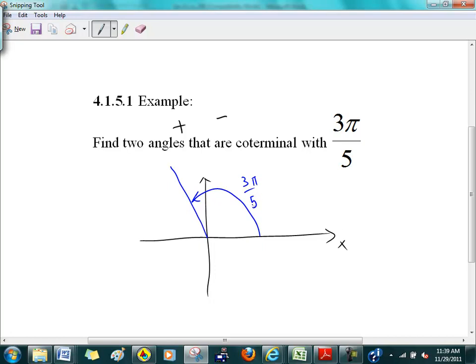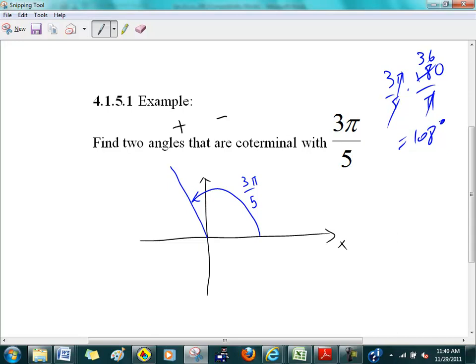Now, is this angle in radians or degrees? It's in radians. So 3 pi over 5 times 180 over pi. You got to know how to convert.